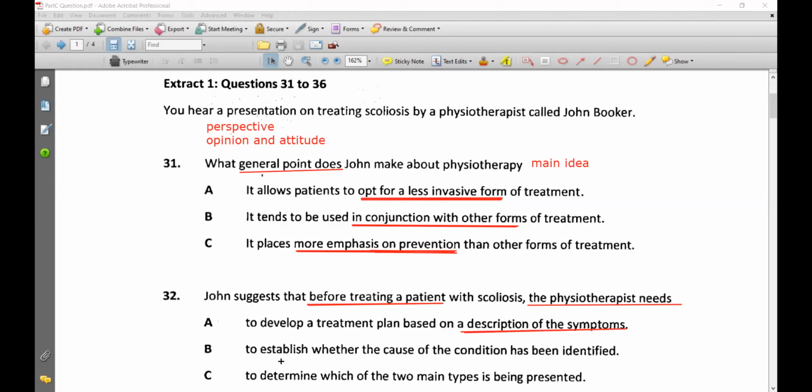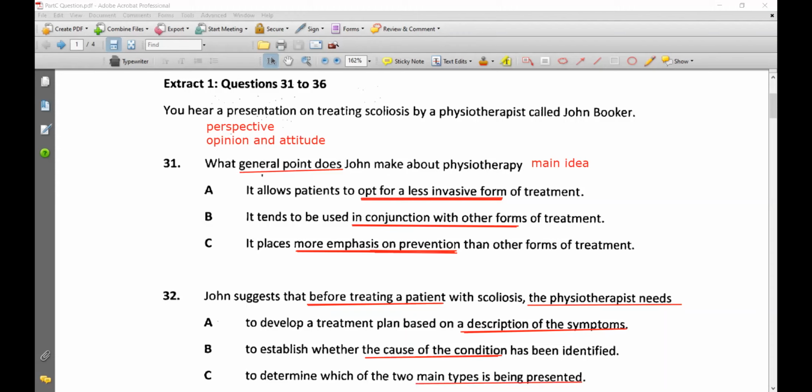Whereas here it says to establish whether the cause of the condition has been identified, or to determine which of the two main types is being presented.